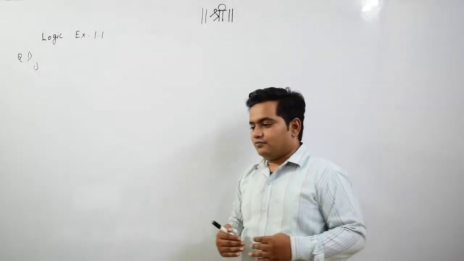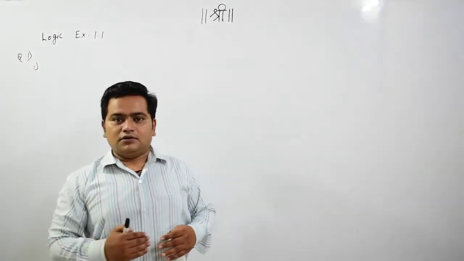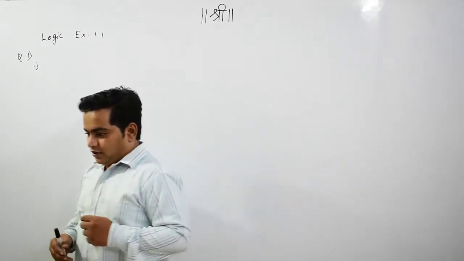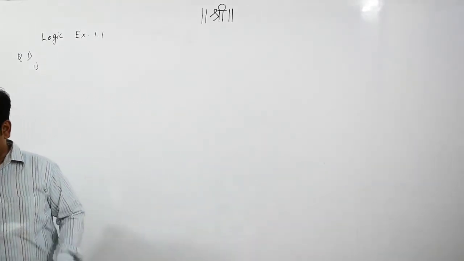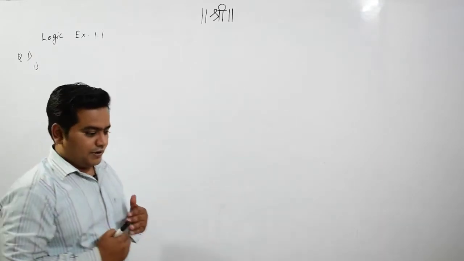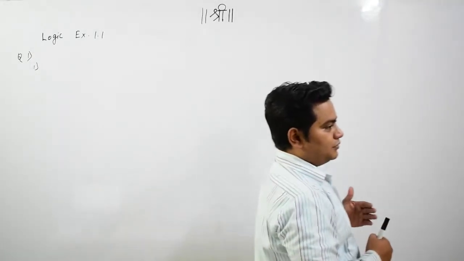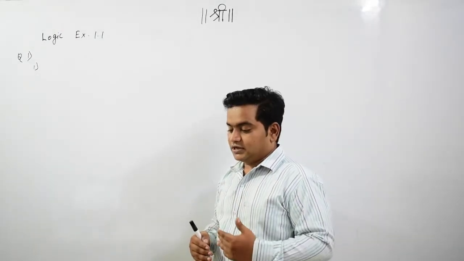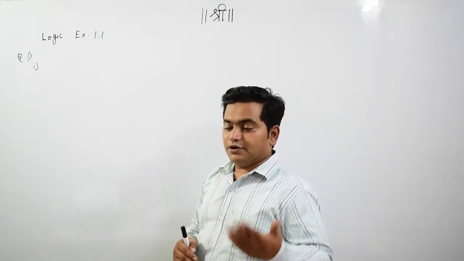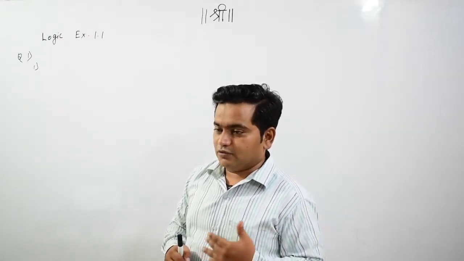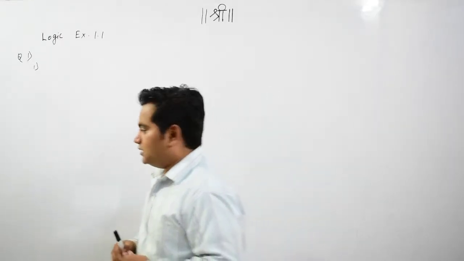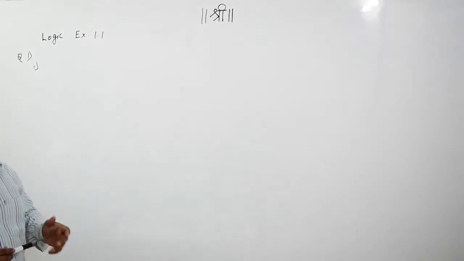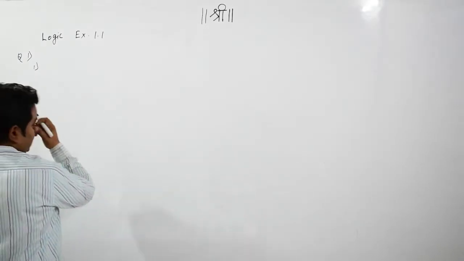Now we need to find out whether they are statements or not, and afterwards, if they are statements, we need to find out their truth value. Okay, so the first question is: 5 plus 4 is equal to 13, is it a statement or not?